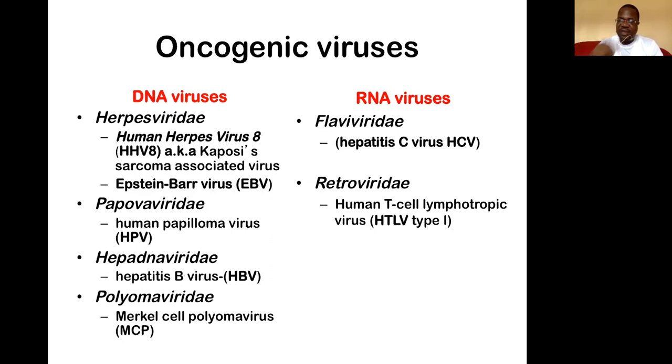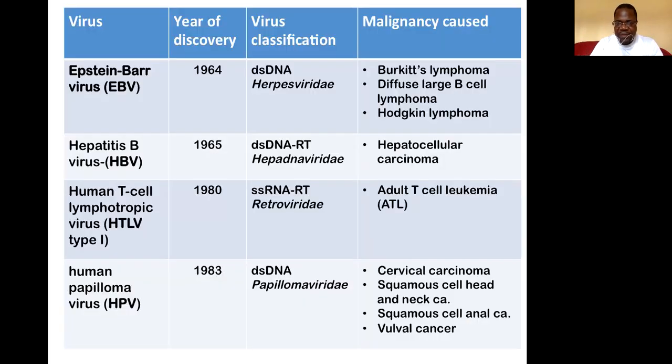It means that in the nucleic acid of the virus, it's an RNA instead of a DNA. So those are the 7 viruses that are associated with the development of cancer in human being.